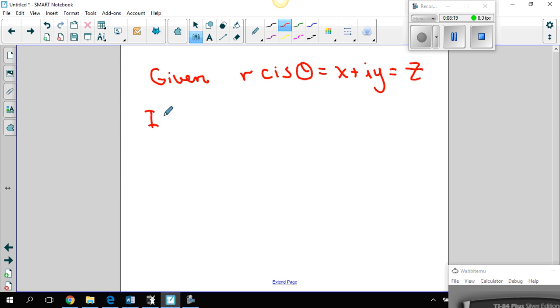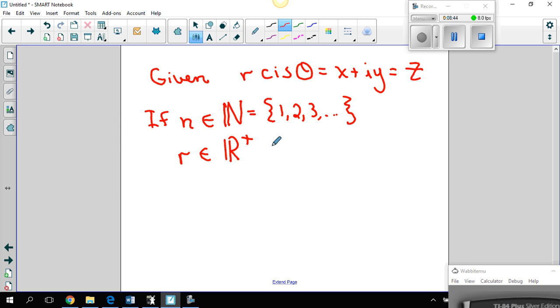If n is a positive real integer, so n is an element of the natural numbers, which by the way are 1, 2, 3. r is positive real, an element of the real positive numbers, so 0 to infinity. And theta in degrees.